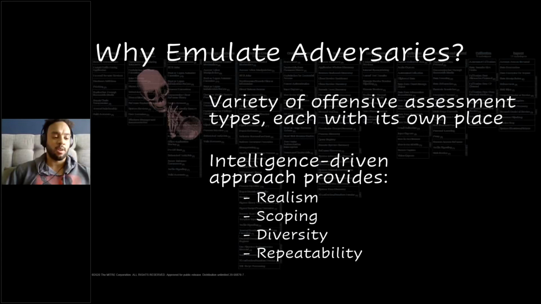Rather than just getting on keyboard and doing what you do, let's mimic and actually execute the specific behaviors of a very particular threat, whether that be an adversary group, malware, or a particular scenario. Let's scope this down to a very particular adversary that we're going to emulate.